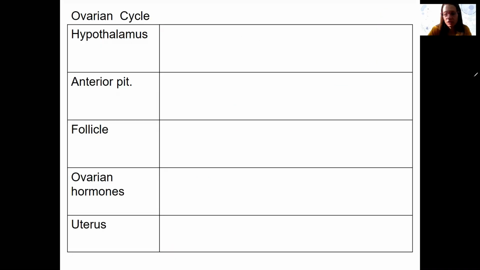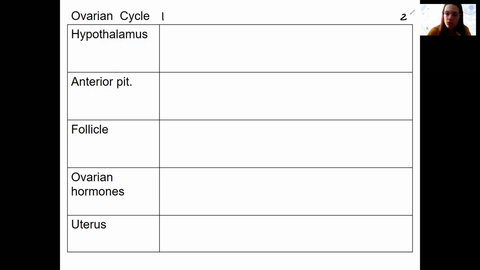So the ovarian cycle describes in humans a 28-day cycle of hormonal changes that correspond to follicular and uterine changes that allow for the body to potentially get pregnant every month. In humans, this is 28 days and also called the menstrual cycle because humans menstruate or bleed. Not all species do.